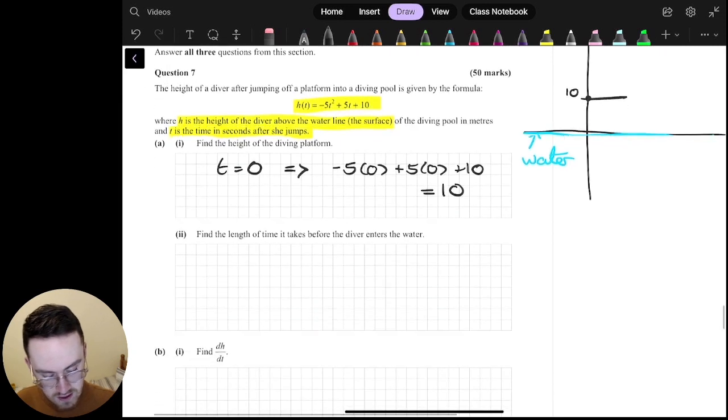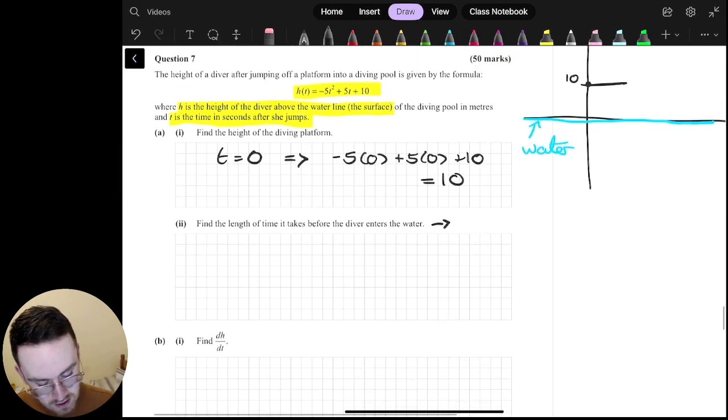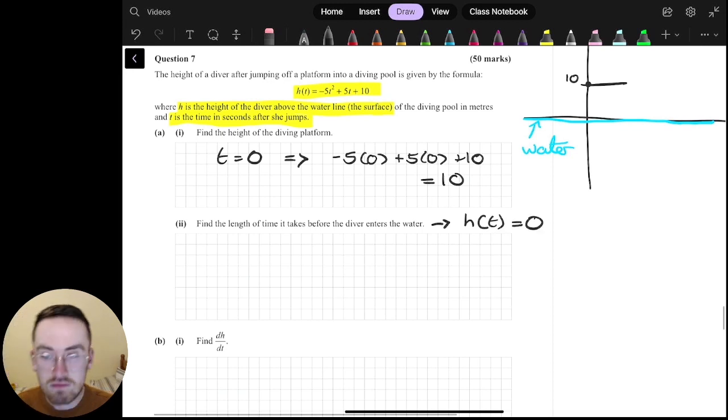Find the length of time it takes before she enters the water. So to enter the water, her height above the waterline is going to be 0. So the height is going to be equal to 0. Obviously if we enter the water at a certain point, then our height is going to be 0. h is the height of the diver above the waterline.